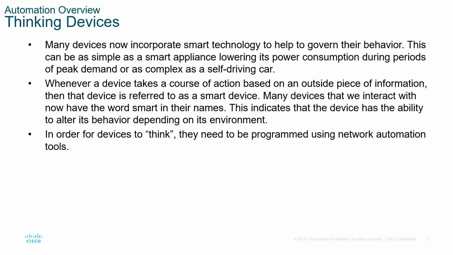Many devices now incorporate smart technology to help govern their behavior. This can be as simple as a smart appliance lowering its power consumption during periods of peak demand, or as complex as a self-driving car. In order for devices to think, they need to be programmed using network automation.